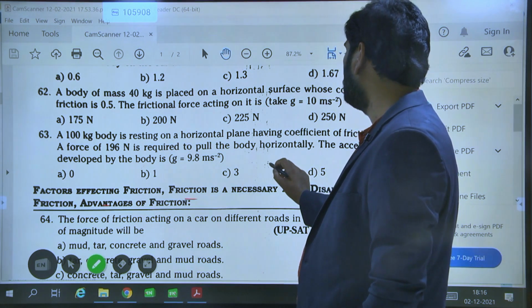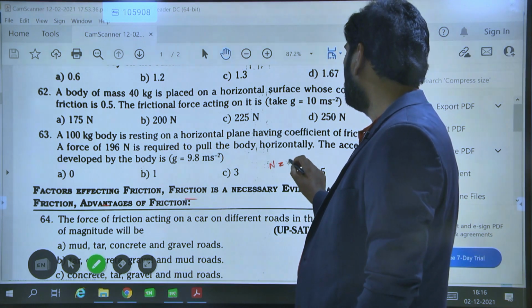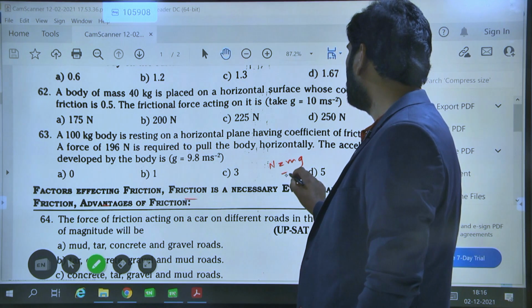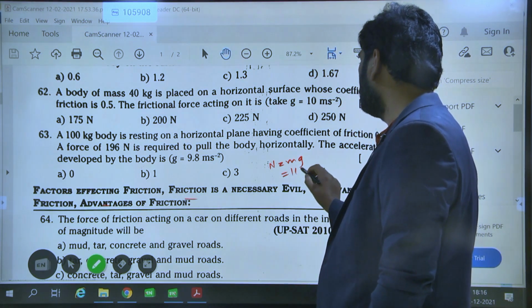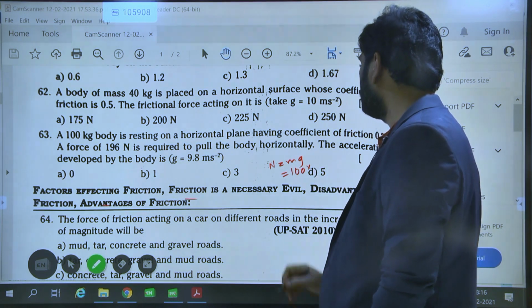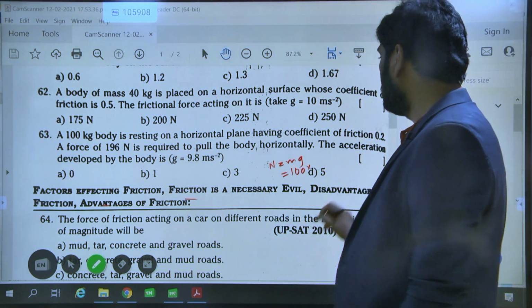N is equal to mg. So the m value is how much? 100. Very good. The g value is 9.8.